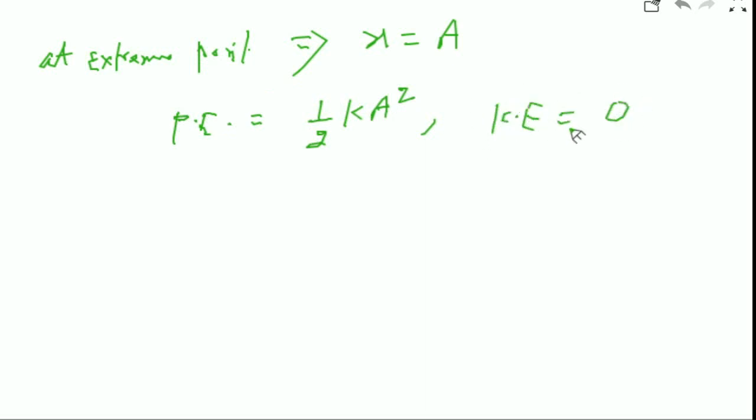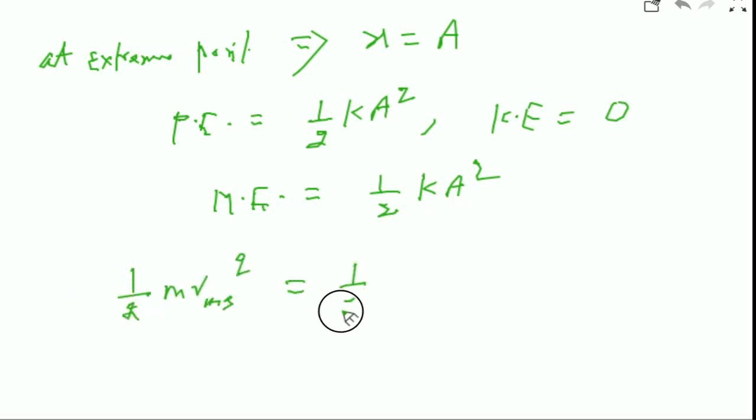The mechanical energy, or total energy, at that point is half k a square. So mechanical energy is always conserved, and half m v max square equals half k a square. At every point kinetic energy and potential energy are changing, interchanging energy between the two, but the total energy is always conserved.